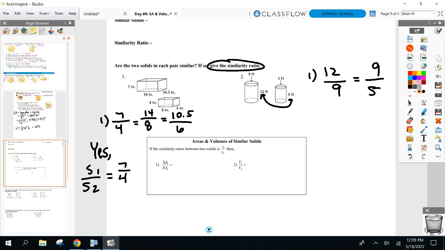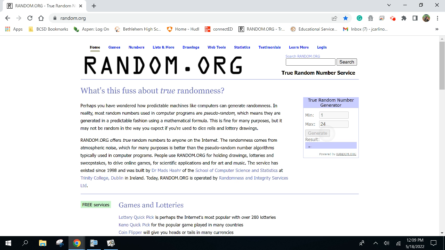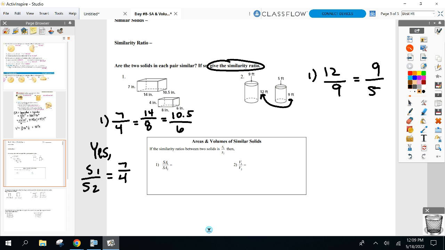Are those in the same ratio? Same ratio? Nope. So not similar. Any questions, comments, possibly concerns?